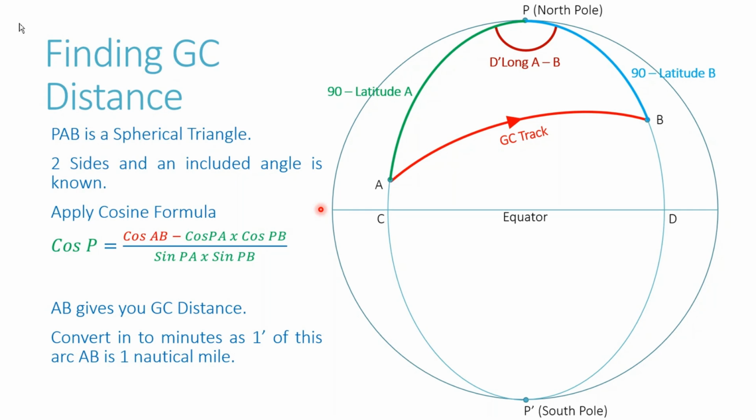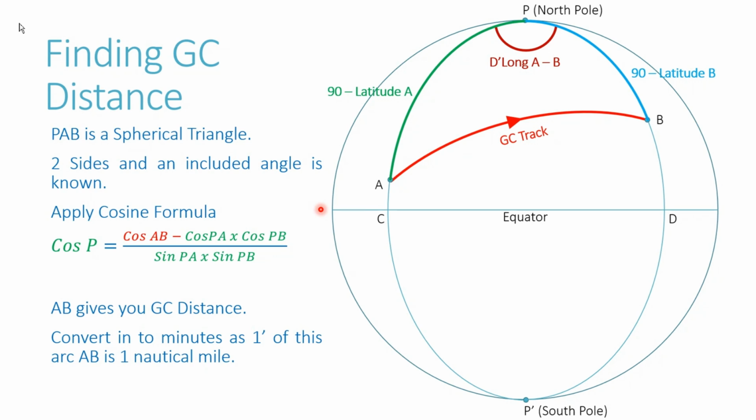Now, to calculate the distance, how do we convert this side AB into the great circle distance? Now, fortunately, 1 minute of arc of a great circle on the surface of Earth is equal to 1 nautical mile.